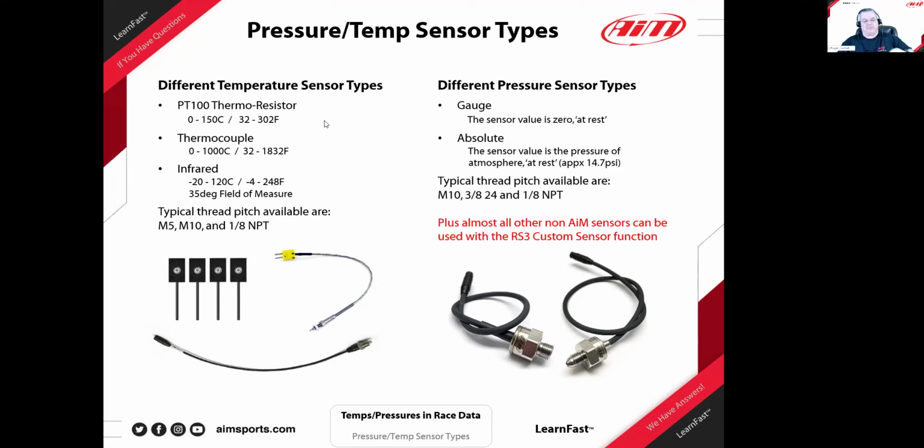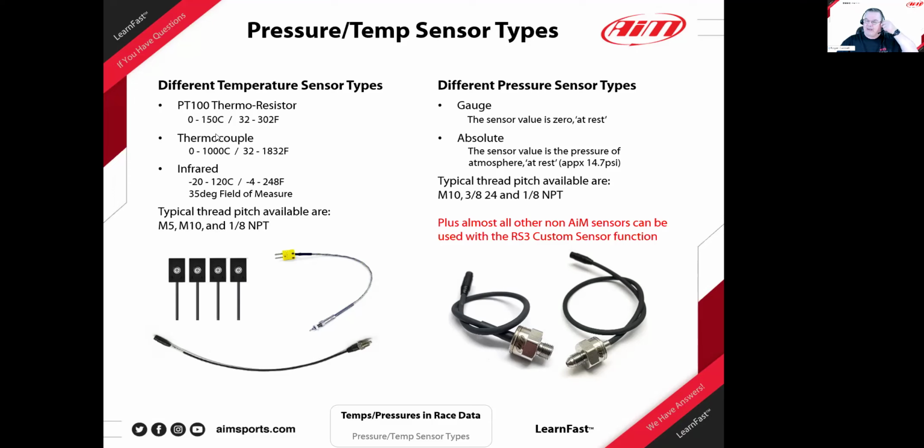And there's the PT100 thermal resistor sensors that are the most popular. They come with every system that we sell. Typically, it's this one with a black cable, this one down here below. Typically, PT100s will have that.